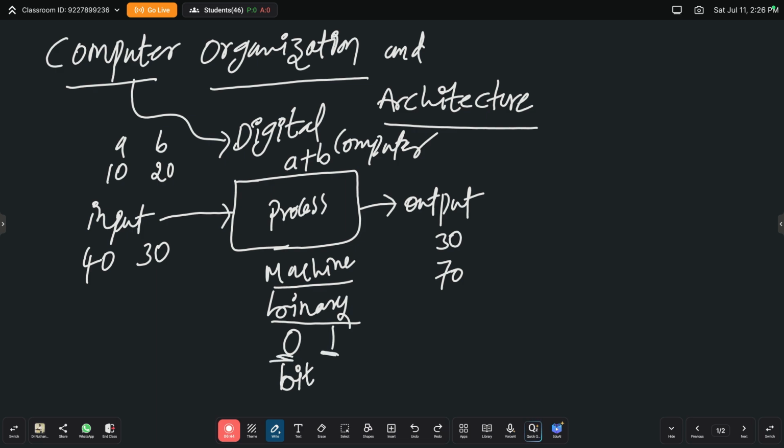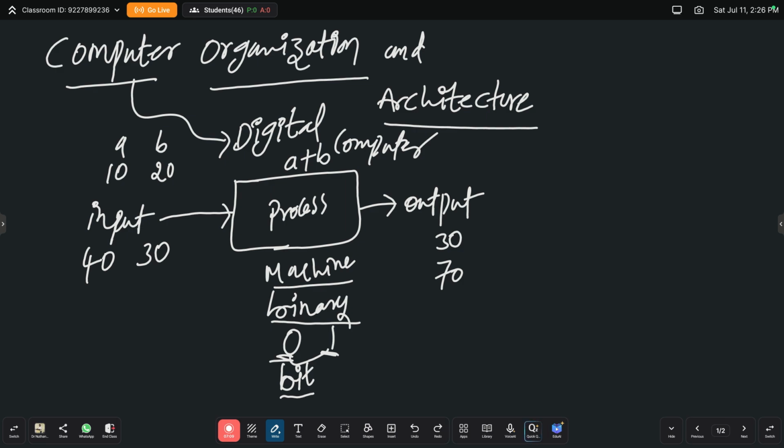Digit means single. Don't think, sir, both we can call bit. No, it's a binary number. If more than one digit is there, that is a binary number. Only if it is single can you call it a bit. Are you clear? Your electronic device is going to understand bit by bit information. Please make it clear.